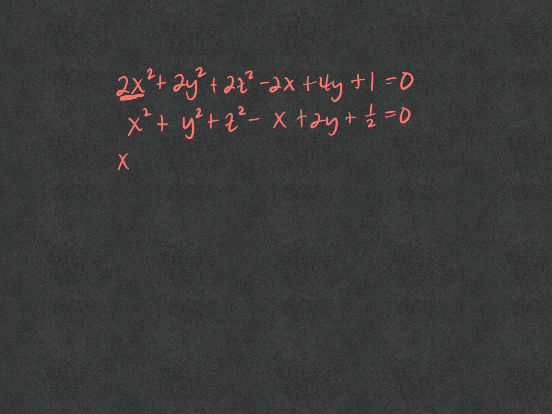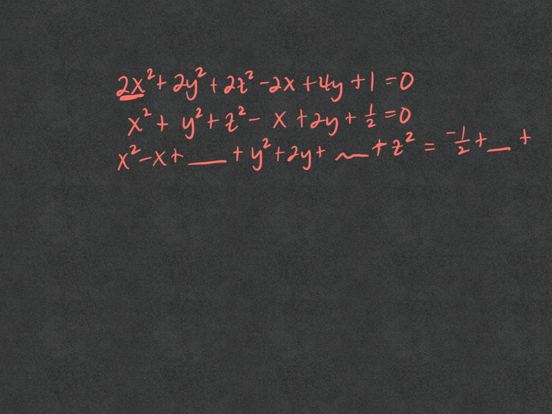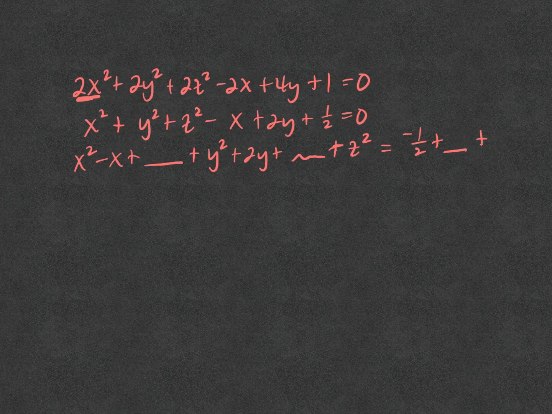So I'm going to say x squared minus x plus something, plus y squared plus 2y plus something else, plus z squared. There's no other z, so that's nice. We're only completing the square twice. Equals negative 1/2. We took that to the other side. Plus a blank, plus whatever the y is.